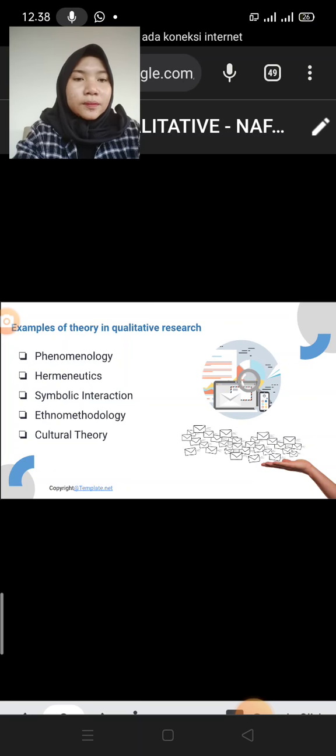Next, ethnomethodology. Ethnomethodology more often emphasizes the mind of the subject under study and usually does not state or explain the method used by the researchers. It is the study of how individuals create and understand their daily lives, or the methods of achievement used in their daily lives.